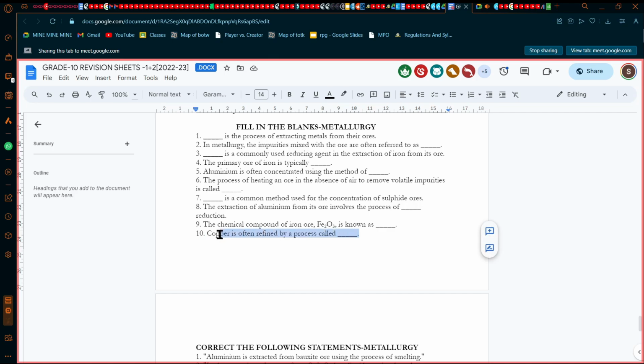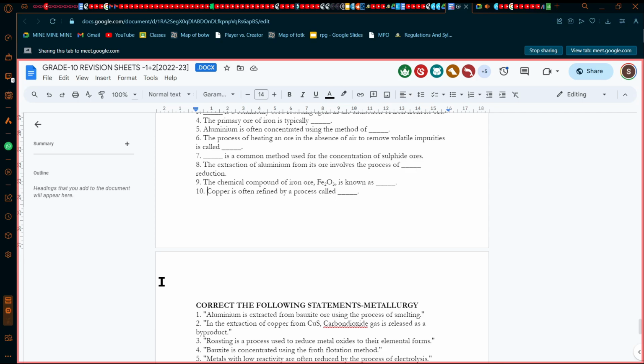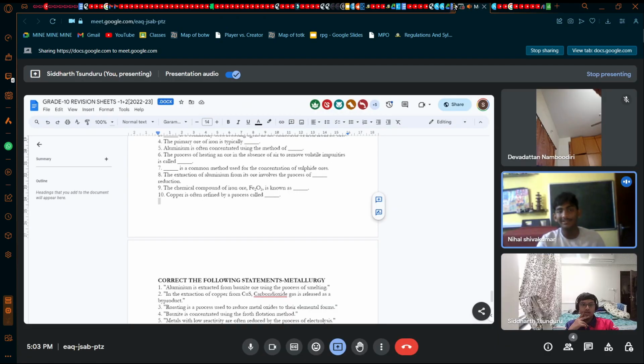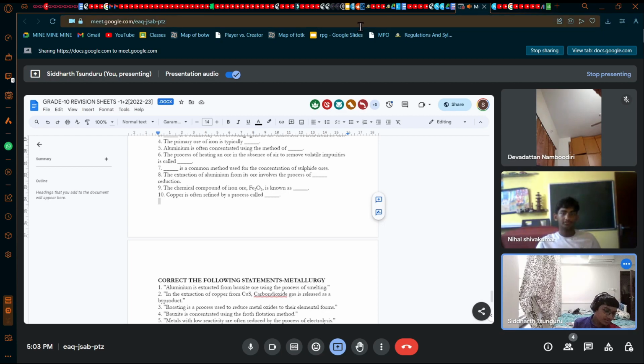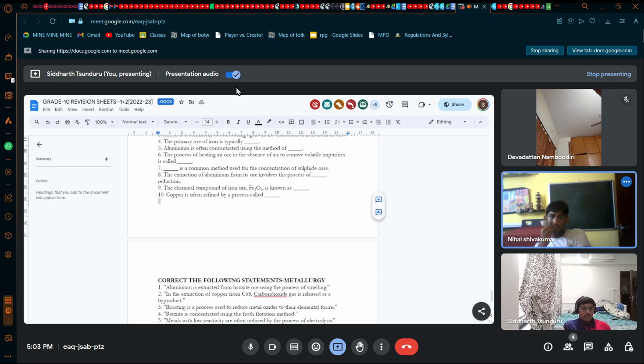Copper is often refined by a process called what? How will I know it? We didn't even have copper. Copper is refined by... magnetic separation, probably. No, refine means the electrolytic one. Coke and all are normal reduction agents.